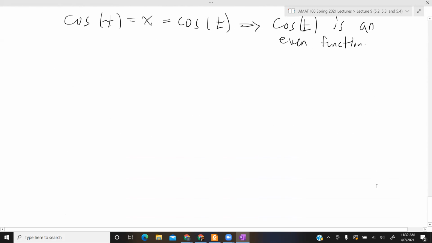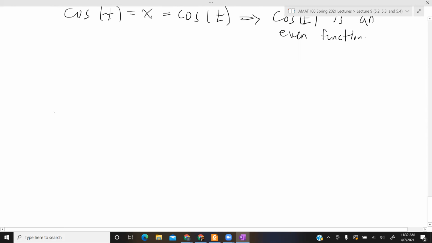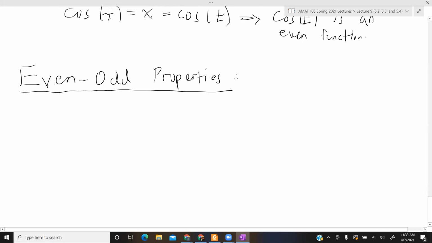So let me just summarize this. We have even and odd properties. The even trig functions are going to be cosine and secant.